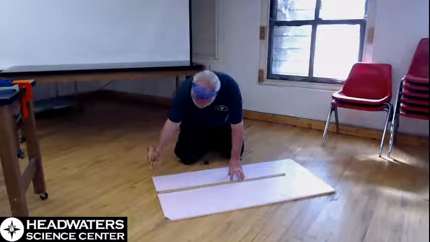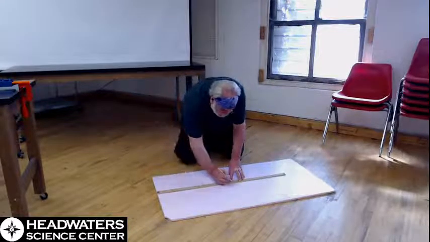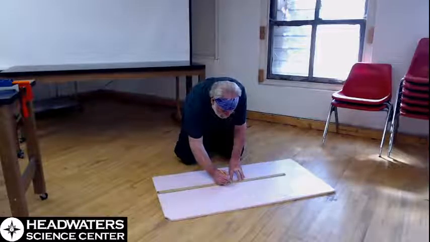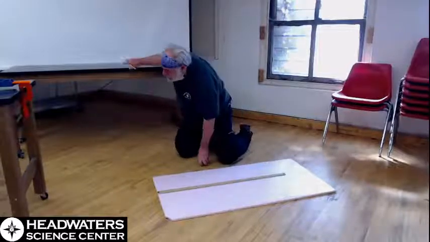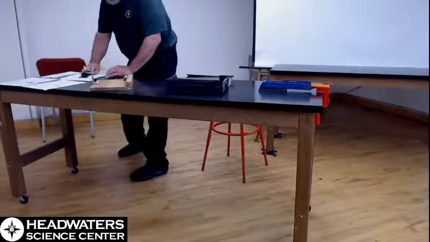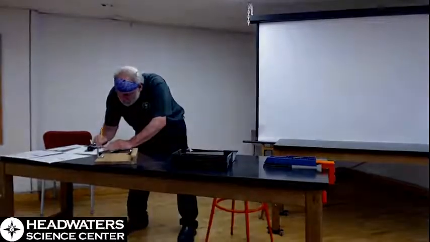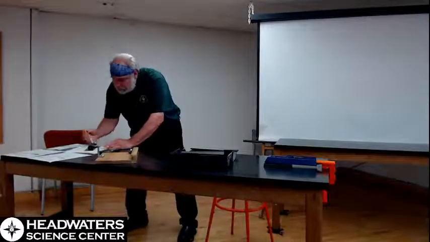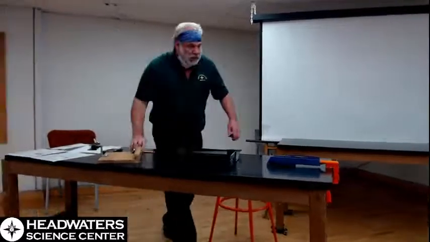So the second one is 70 plus, well, let's go 54 and a half. So that's going to be 124.5 centimeters. You can see this is my workstation over here.